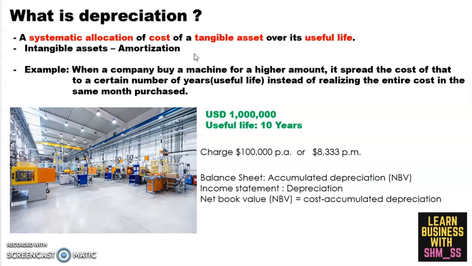And the balance sheet, the second financial statement, is going to be affected in the portion of fixed asset as a net book value. So the accumulated depreciation will be deducted from the gross amount of the fixed asset, and net book value will be reported in the financial position of a company.